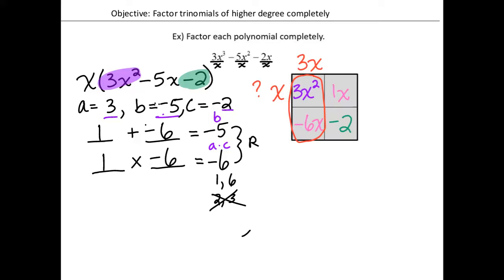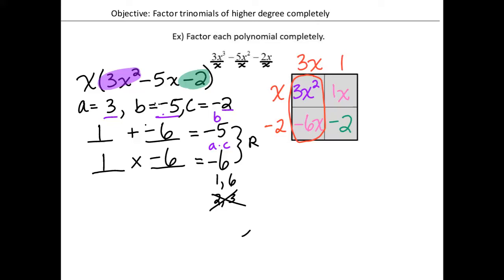And then for the one on the other side, 3x times what would give us a negative 6x? Negative 2. Because it needs to multiply. 3 times negative 2 is negative 6. And then for this one over here, x times what gives you 1x? 1, right? So I need the 1 up here.